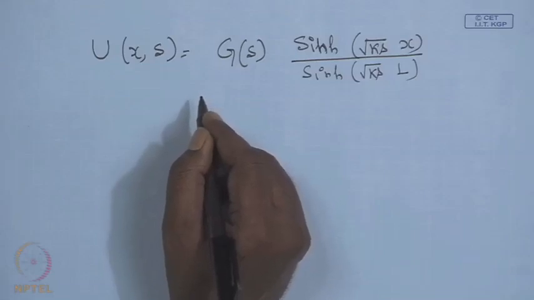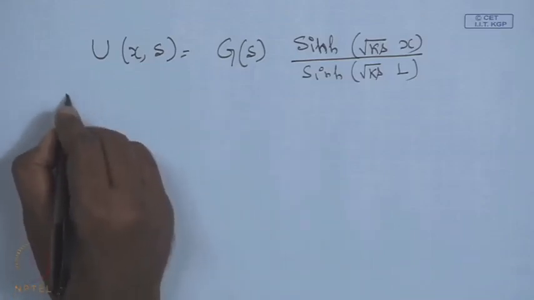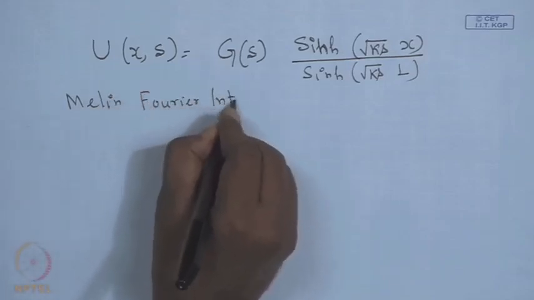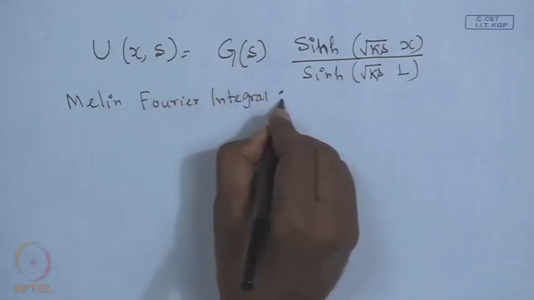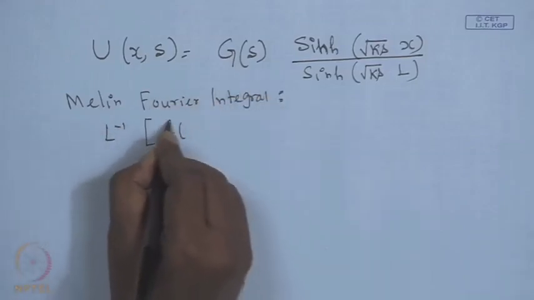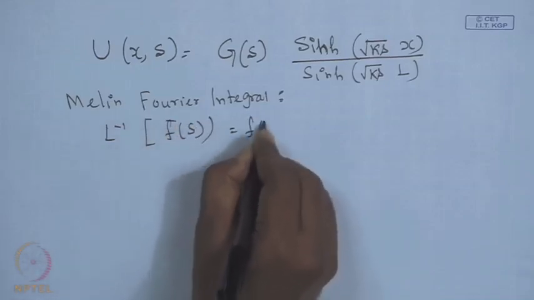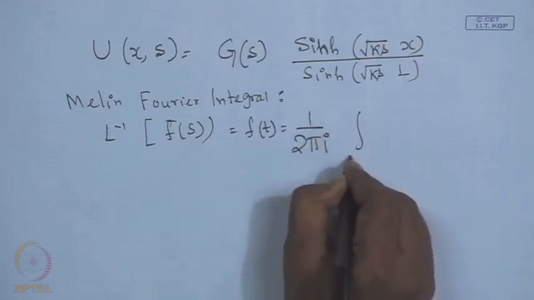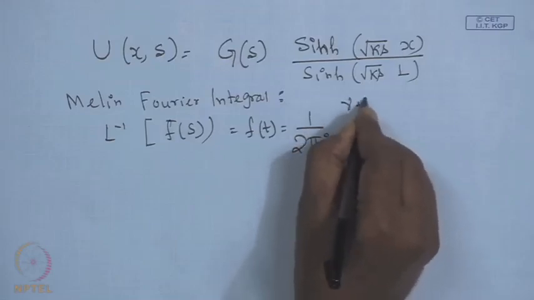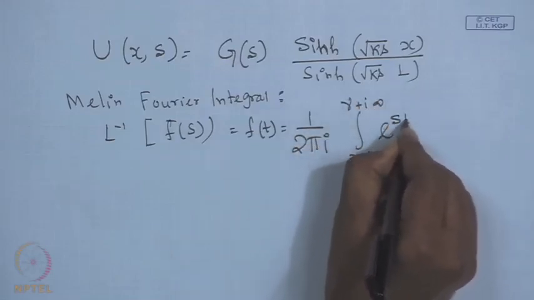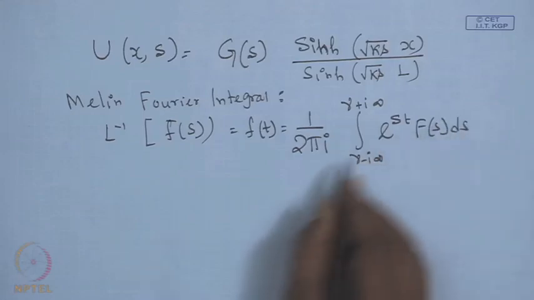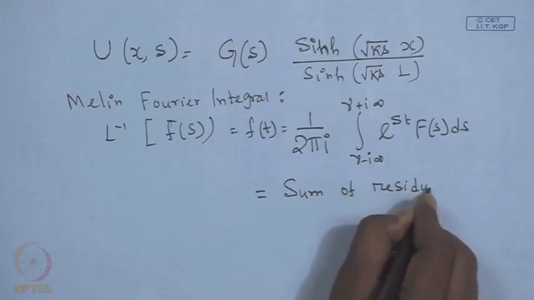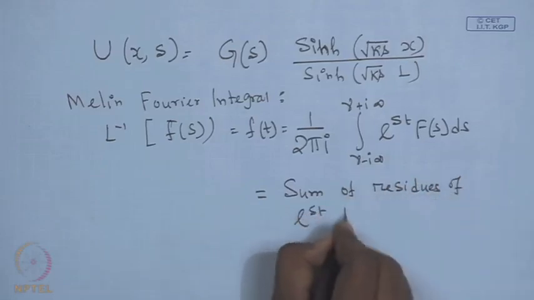Then we can use the Mellin Fourier integral, like Laplace inverse of F of s is nothing but f of t, and this f of t will be nothing but 1 over 2 pi i, integral from gamma minus i infinity to gamma plus i infinity of e to the power s t F of s ds, and this will be nothing but the sum of residues of e to the power s t F of s.